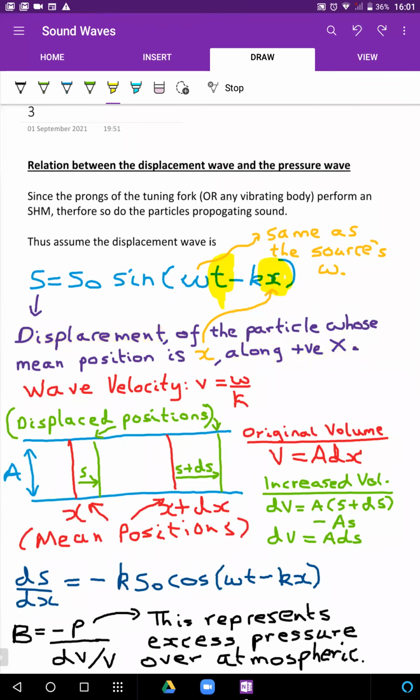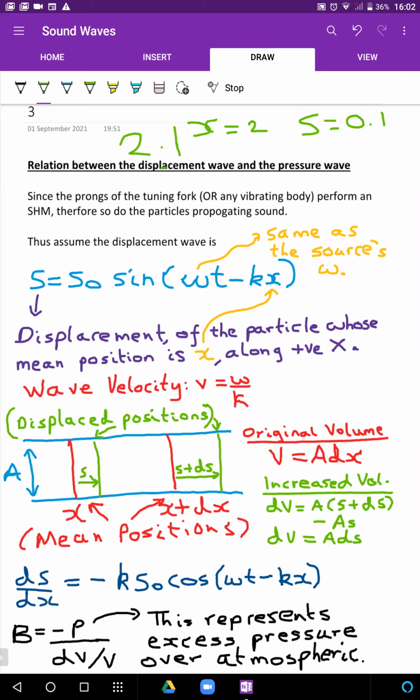We don't have to dig into this too much, but say my particle had mean position x equal to 2, and putting x equal to 2 in the equation gives s is 0.1. That means the particle is currently at 2.1, displaced 0.1 along positive x. Its mean position was 2, s comes out to 0.1 for that particle, so it has been displaced 0.1 along the x-axis and is currently at 2.1.